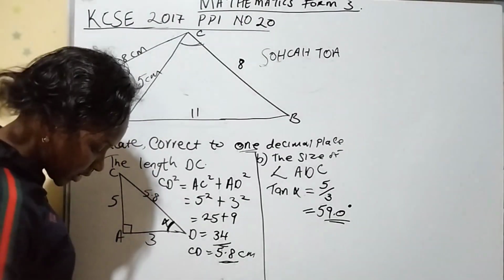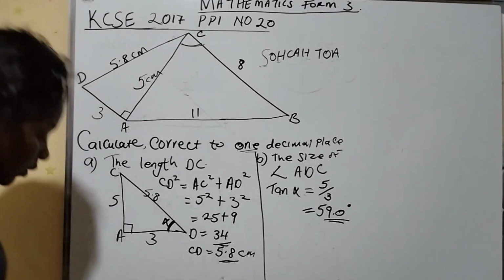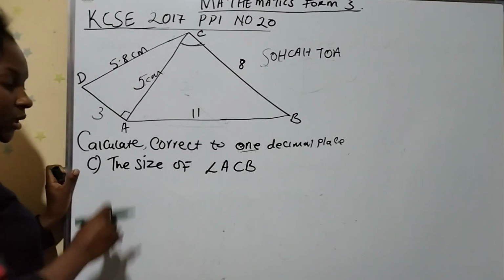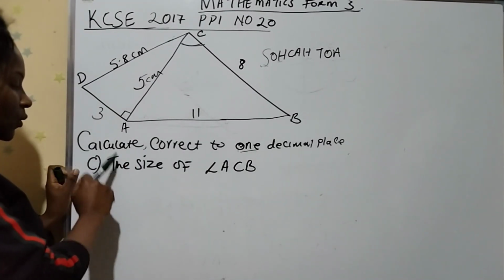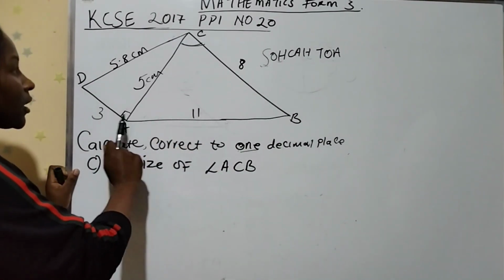So let us move to the next question. Question number C reads, calculate the size of angle ACB.